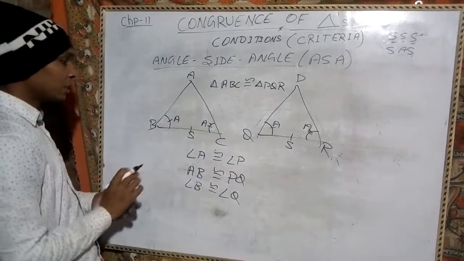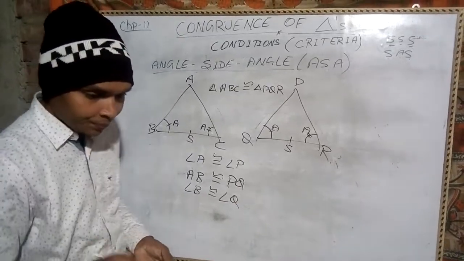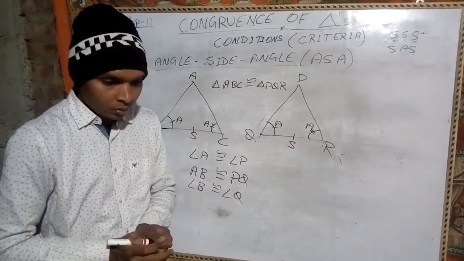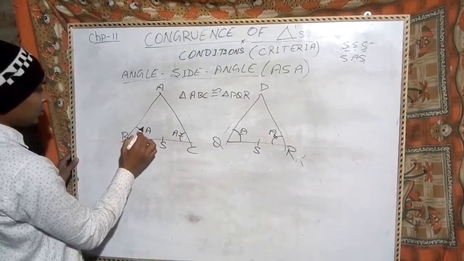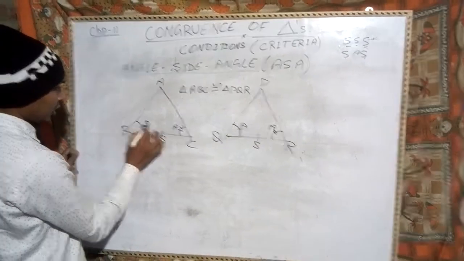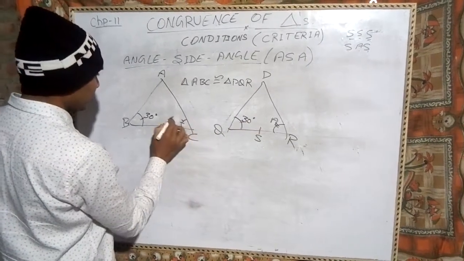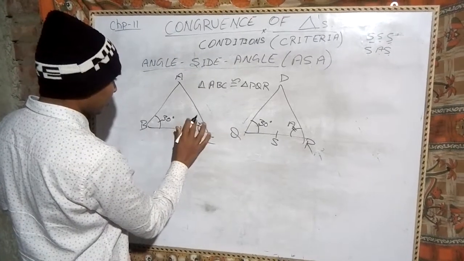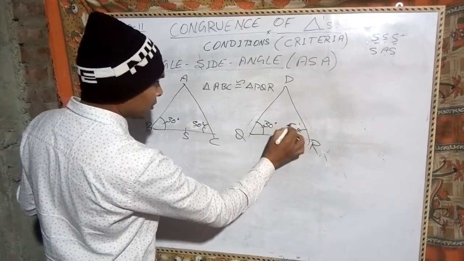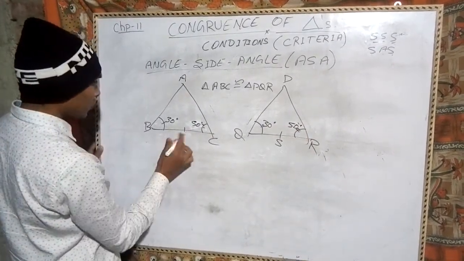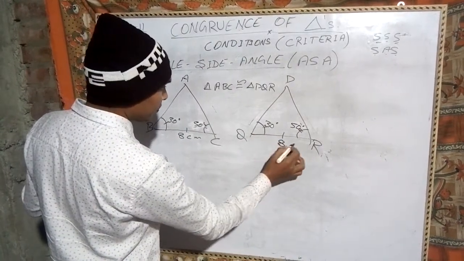Okay, another thing, see, now take an example. If this is say 30 degree, this is also 30 degree, this is say 50 degree, this is also 50 degree, side say 8 centimeter, here again 8 centimeter.